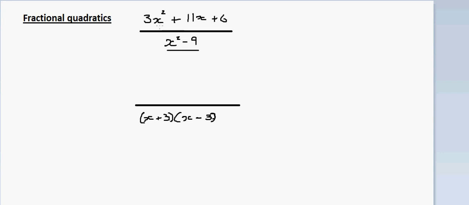So now what we've got to do is factorize this equation. Okay, so to one side I just do a couple of brackets and I put 3x in both brackets. Now what I do is I just multiply the 3 and the 6 together, so this will give me 18.